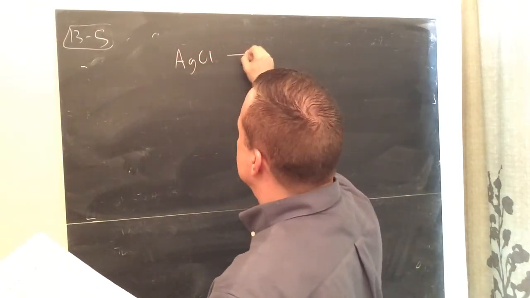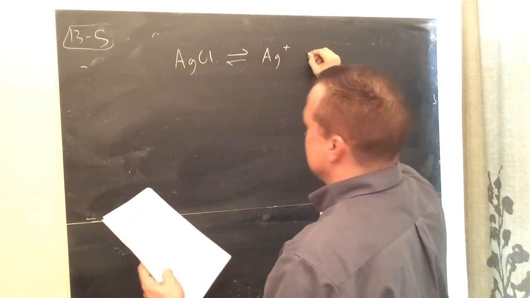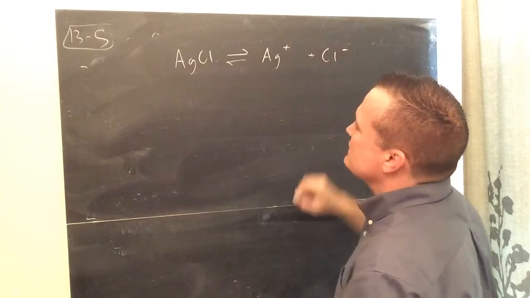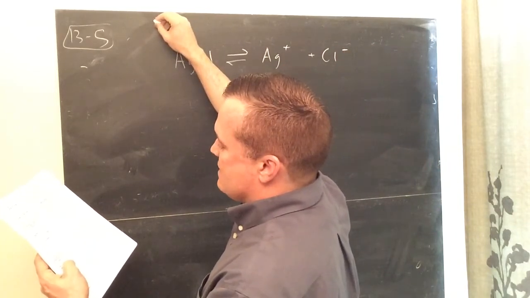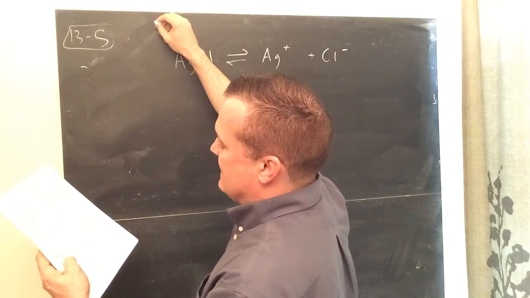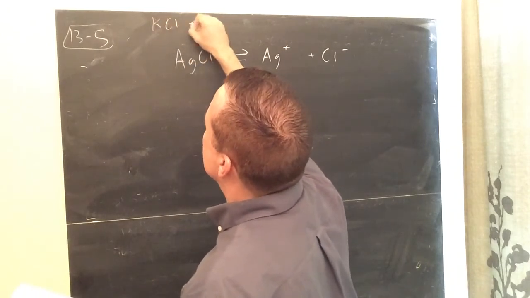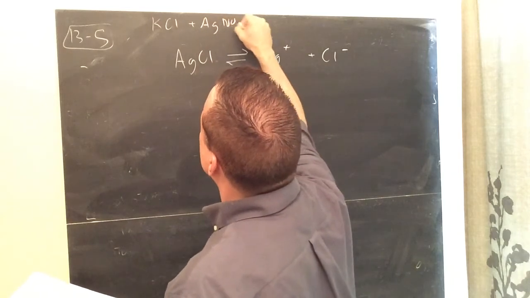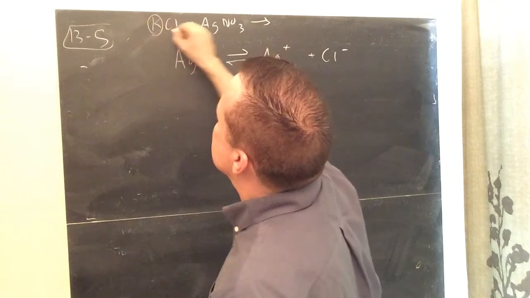AgCl gives you Ag+ and Cl-. Well, here's what you're saying. You're putting in silver nitrate and potassium chloride. Now, remember, potassium chloride and silver nitrate are going to react, and KNO3 will be a spectator ion.